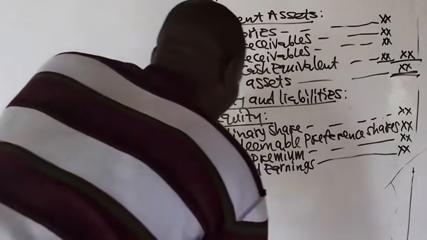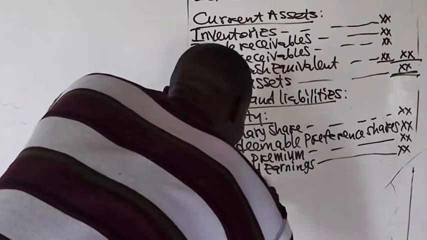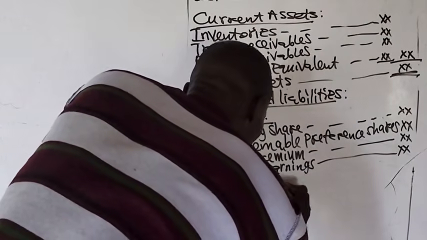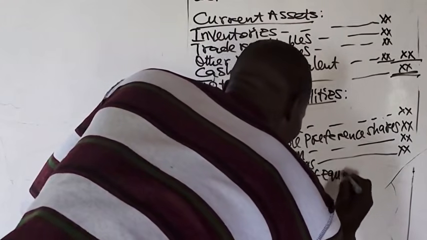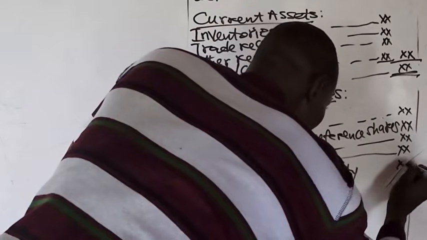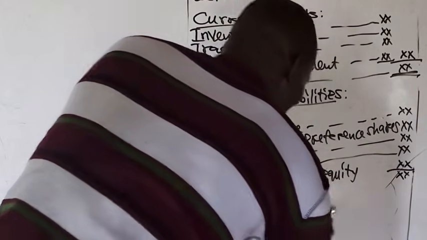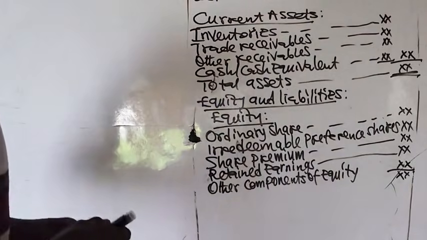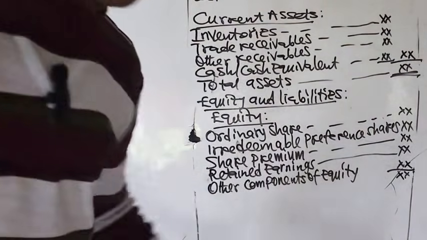After retained earnings, we have other components of equity. The major item you may have under this category are revaluation reserves. So if you sum up this, you get the total equity. This is the total equity.